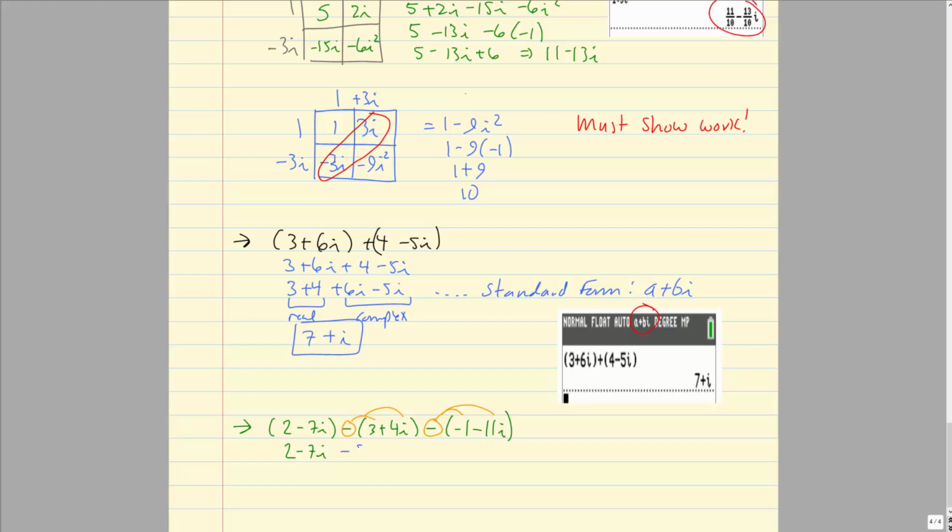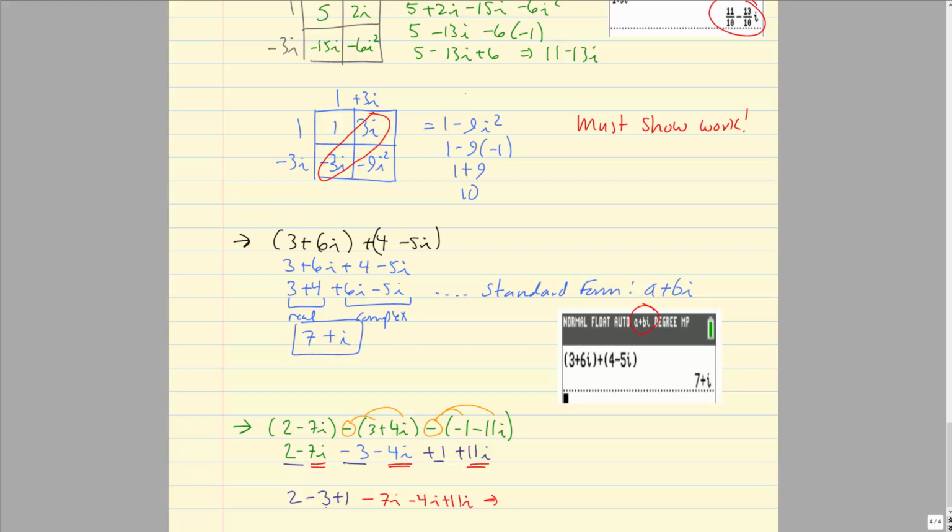So this would be 2 minus 7i minus 3 minus 4i plus 1 plus 11i. So I'm going to group all the real components. So it'd be 2 minus 3 plus 1. And then I'll group all of the complex components as well. So that would be minus 7i minus 4i plus 11i.